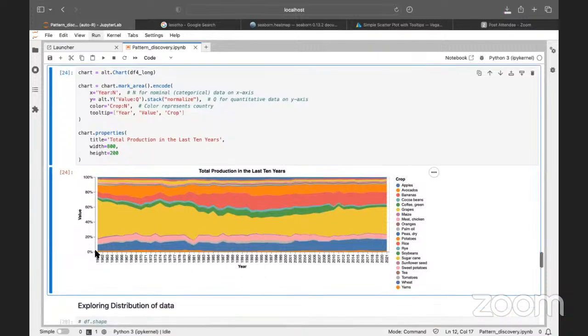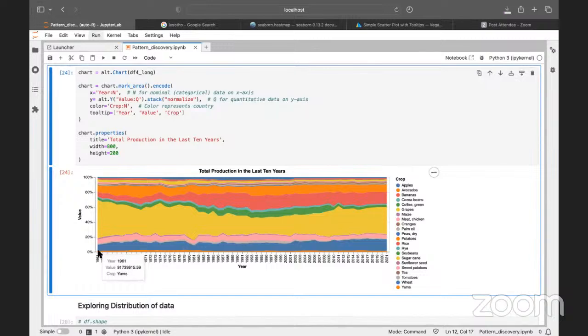One thing to point out is that the stacked area chart is basically the combination of all crops. So what percentage of crops make up the total production for the year 1961? So we start with a base of 0, and then we get the width.